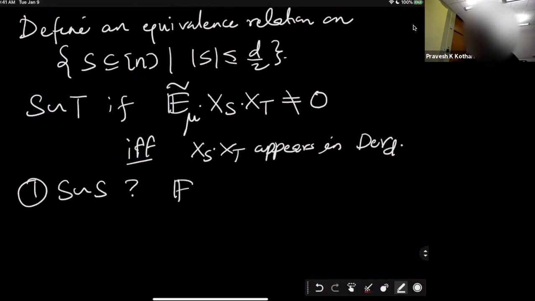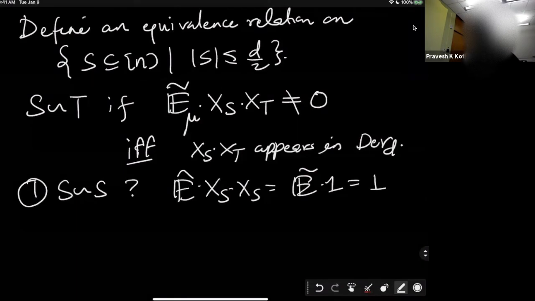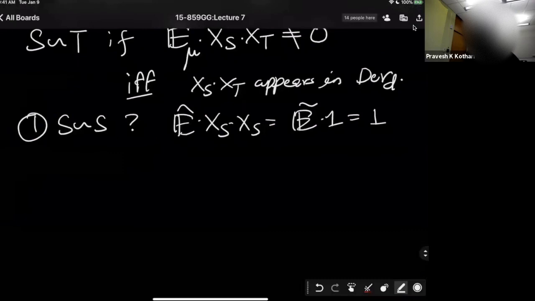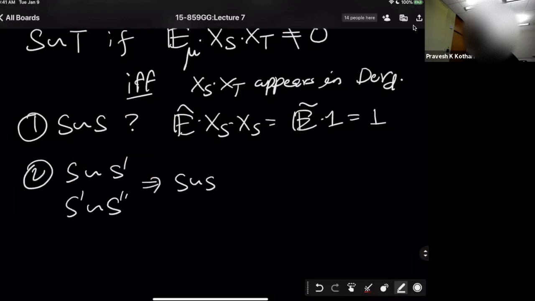Well, this is certainly non-zero. So that's good, right? And we have to check transitivity. Suppose S and S prime are related, and S prime and S double prime are related, then we must prove that S and S double prime are related, that they are in the same class.